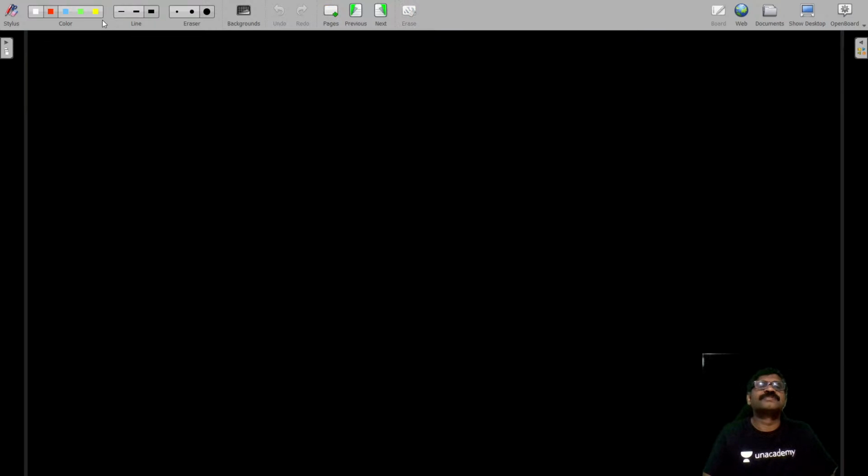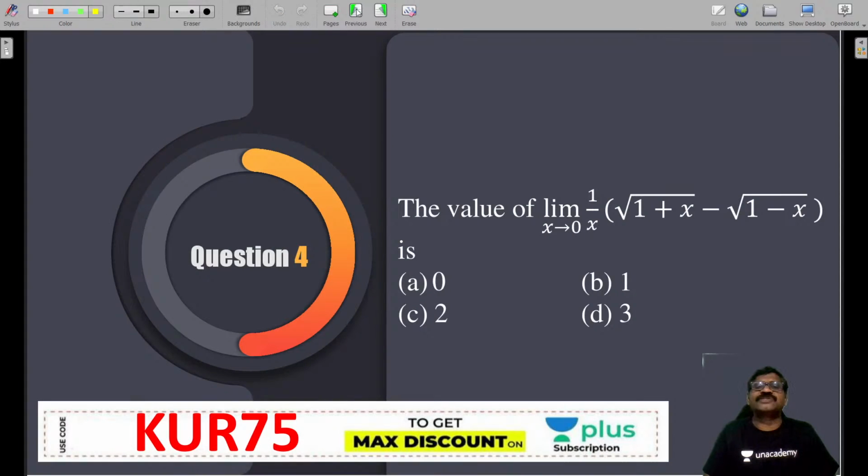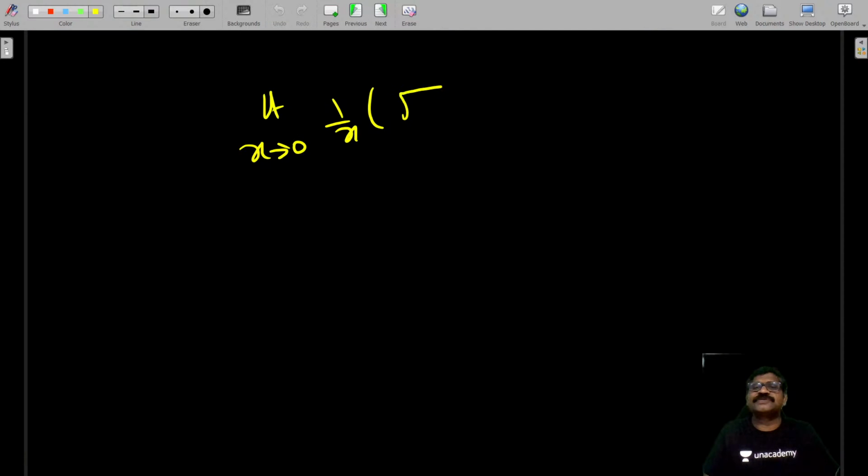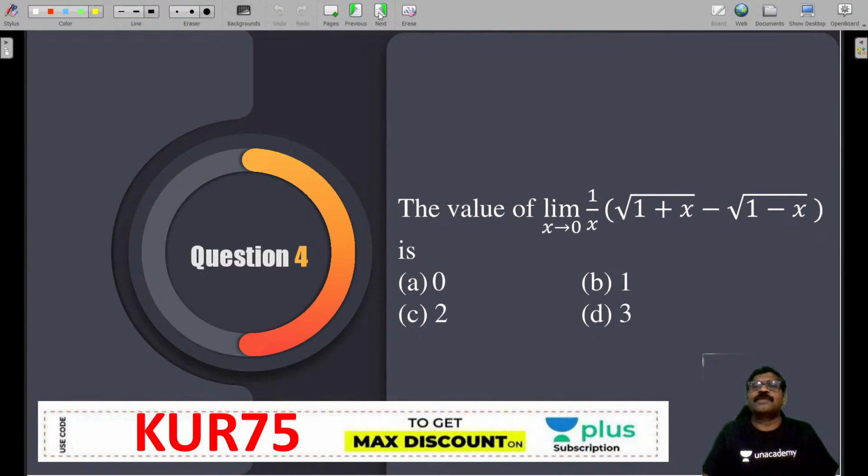Limit x tends to 0, 1 by x of square root of 1 plus x minus square root of 1 minus x.